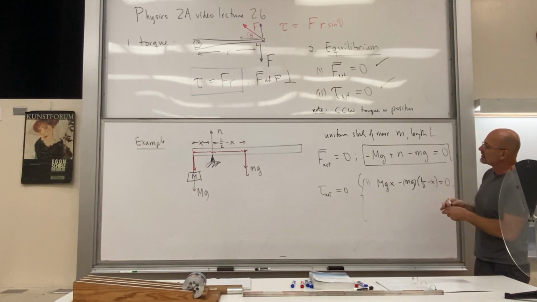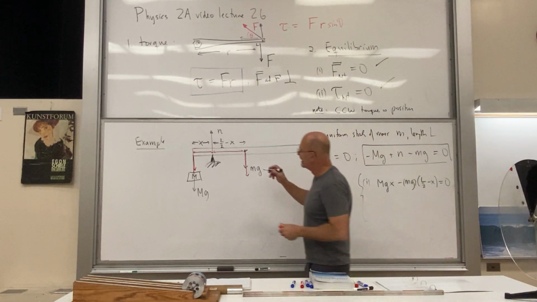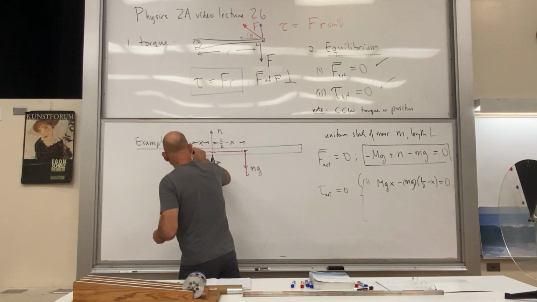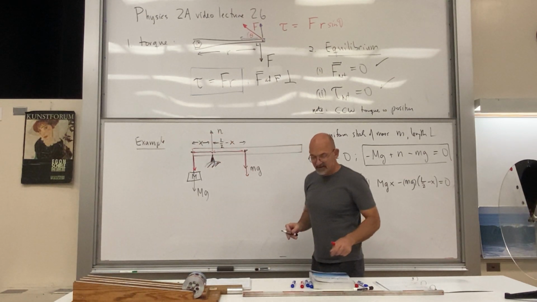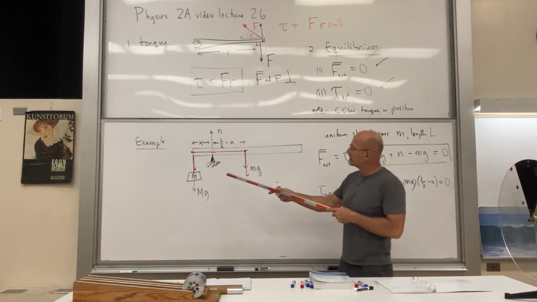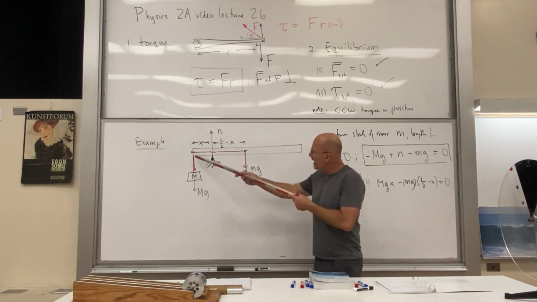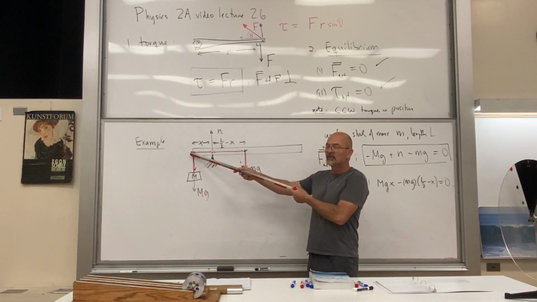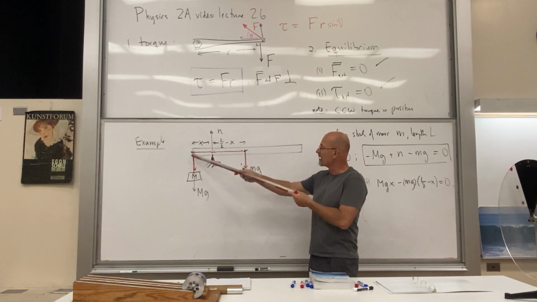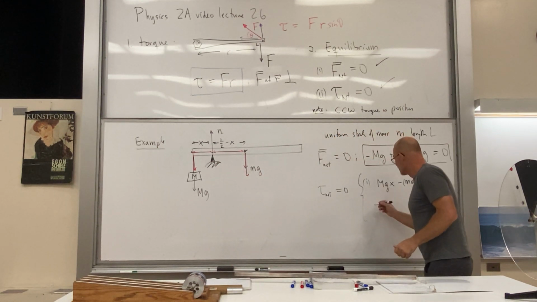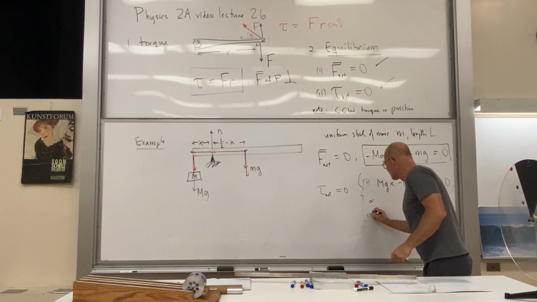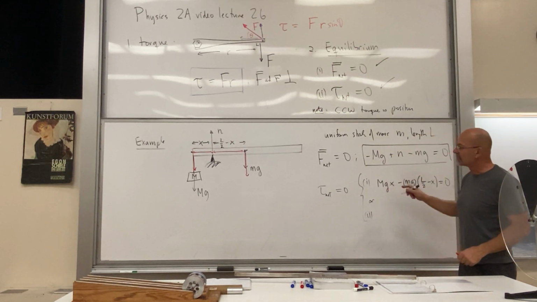The other way to solve it would be to choose this here as the pivot. In other words, the end point. And that's important to talk about as well, because this force will have no lever arm if we choose this to be the axis of rotation here. Okay. It has no lever arm, and then we have, or, so these are equivalent, not to be used at the same time.